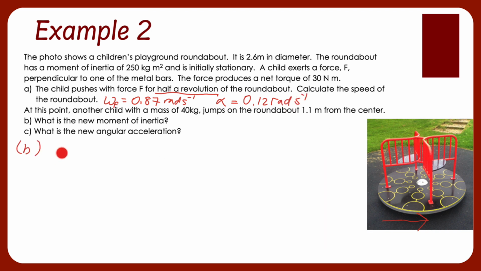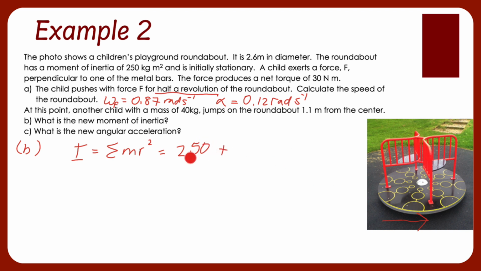Okay, part B. At this point, another child runs with a mass of 40 kilograms, jumps on the roundabout at 1.1 meters from the center. What is the new moment of inertia? Well, remember, moment of inertia was going to be the sum of mr squared. Now, I've got the 250 for the roundabout itself.